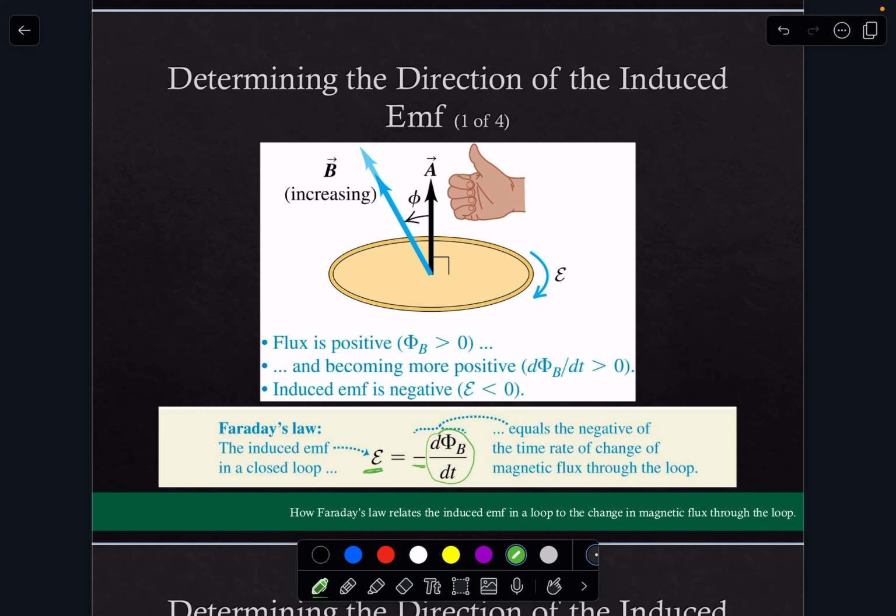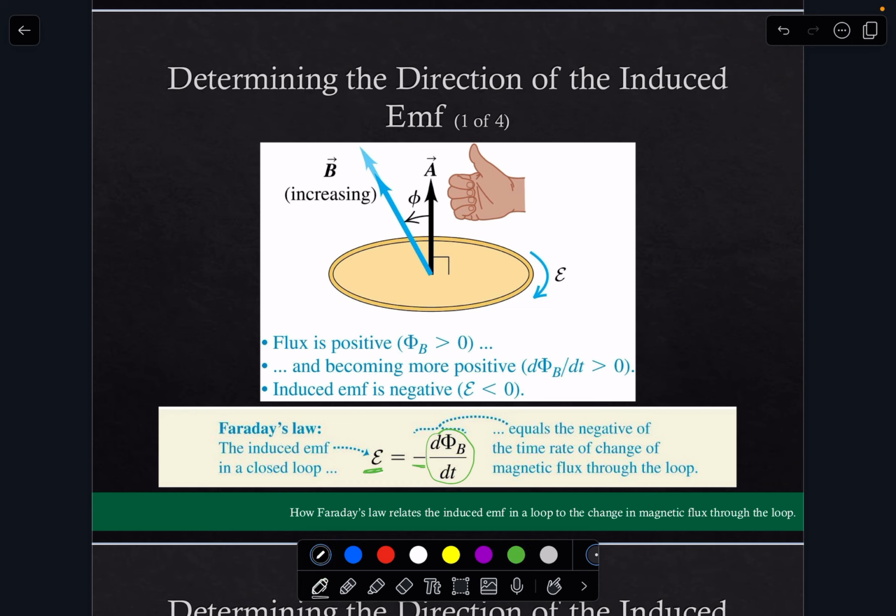So the EMF that's created is created to oppose the change in flux. So if we want to figure out what direction that actually is, we need to first identify what is happening to the flux.